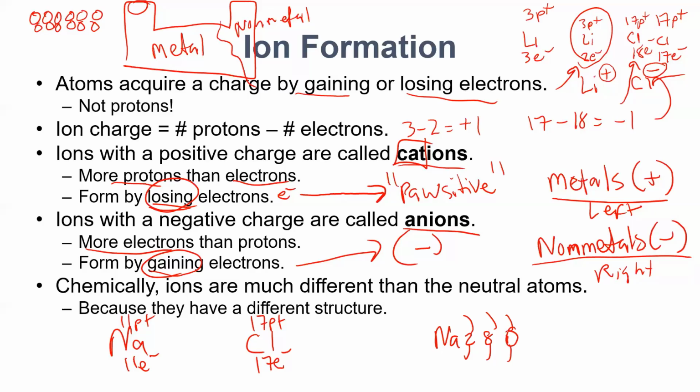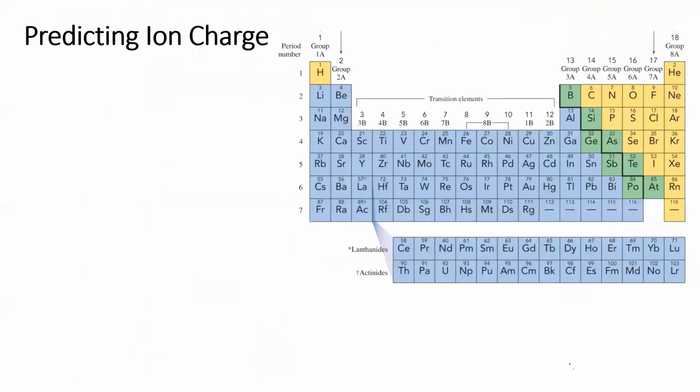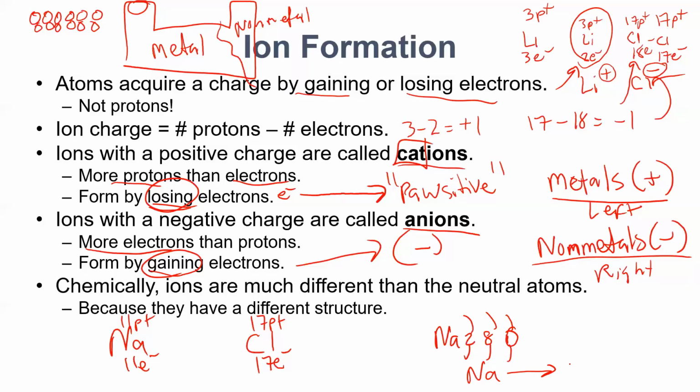Sodium gets rid of that 1 electron. And the way they write it is they go sodium, and then sodium goes to 1 electron plus the sodium ion. That's because I go from 11 protons and 11 electrons.